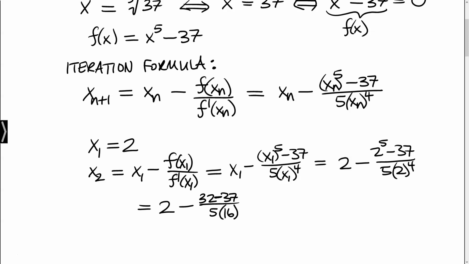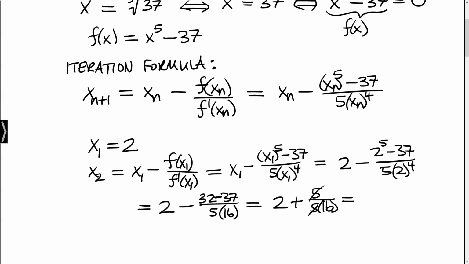Now, the 32 minus 37, of course, is negative 5. So what we end up with is 2 plus 5 over 5 times 16. Okay, the 5's cancel. So we get 2 and 1/16.